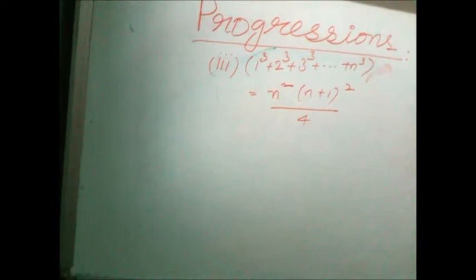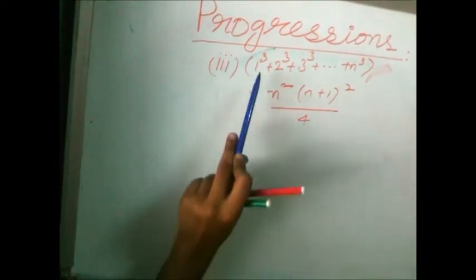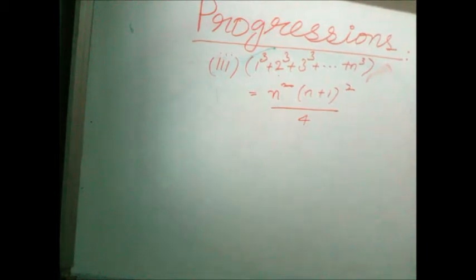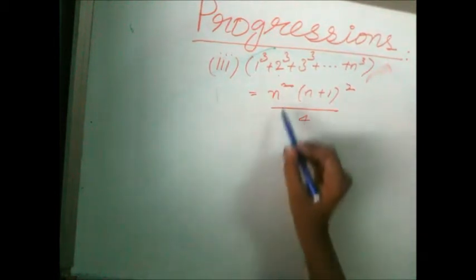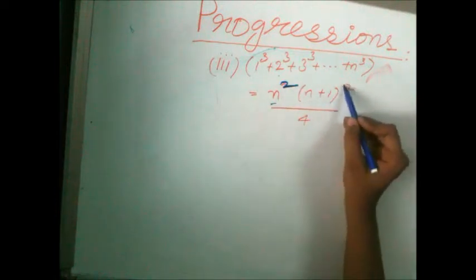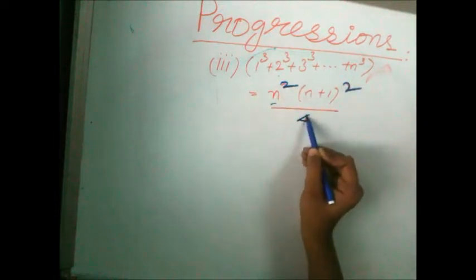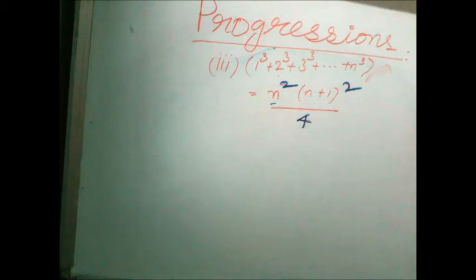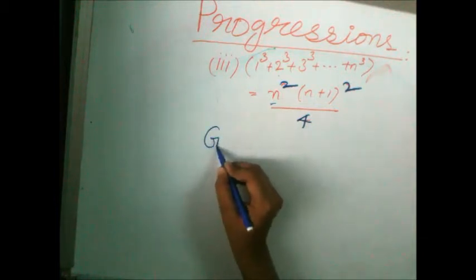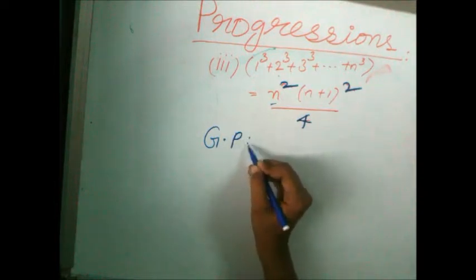The last result is 1 cube plus 2 cube plus 3 cube and so on up to n cube. Then it will become n square into n plus 1 whole square by 4. This we should remember. Next comes geometric progression, GP.